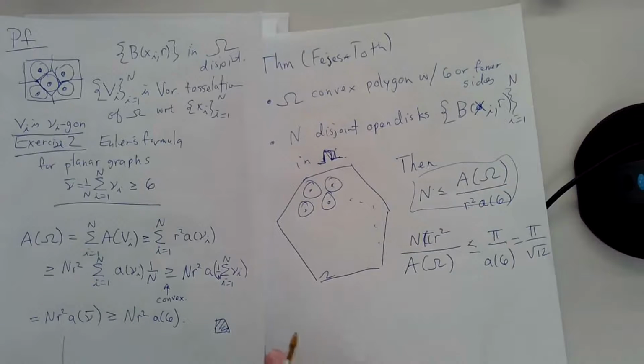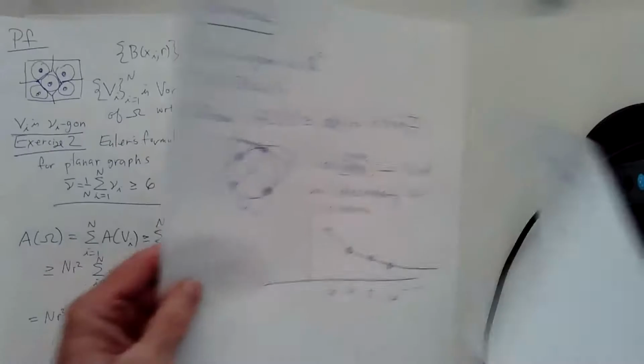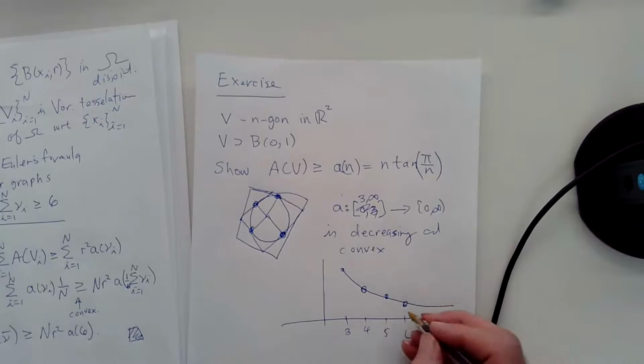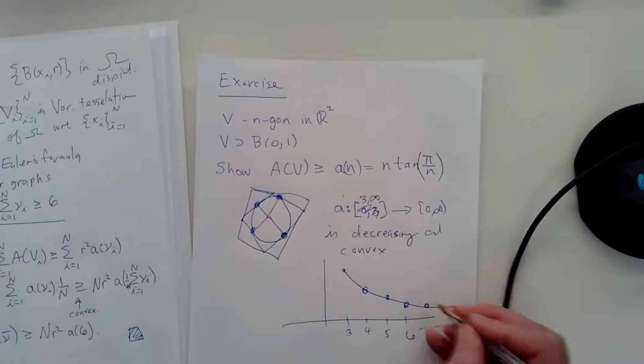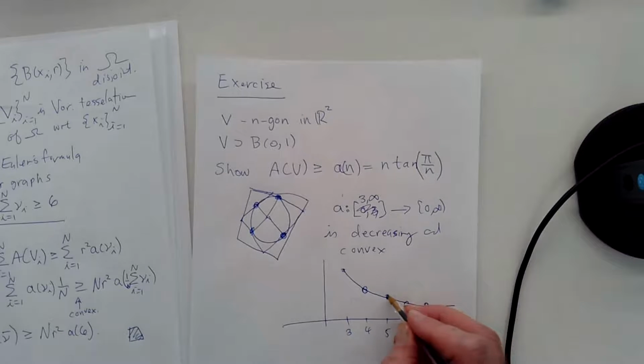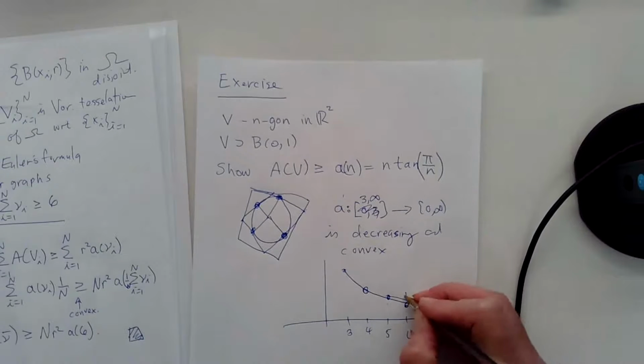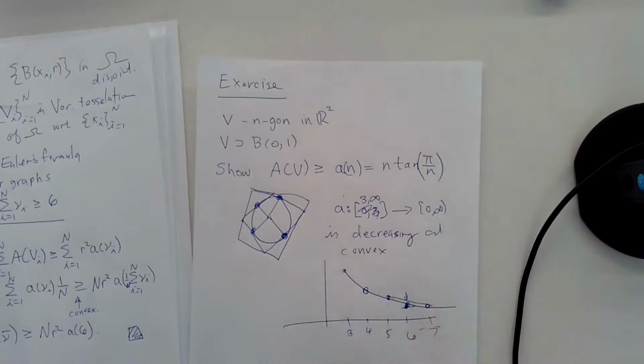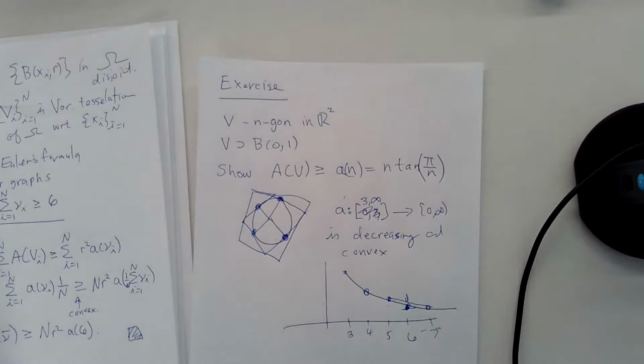Where was my graph? Here, I'm going to pull this up. Yeah, so by looking at the small gap between A of 6 and the linear interpolant, you can get a bound on the number of non-6 cells in terms of how close you are to the bound.